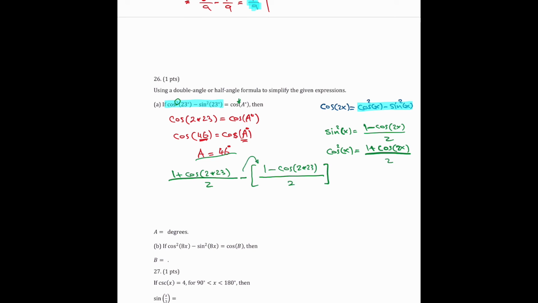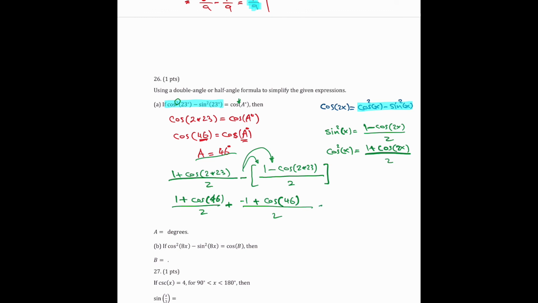I'm going to multiply the negative inside. So this is 1 plus cosine 46 over 2 plus negative 1 plus cosine 46 over 2.